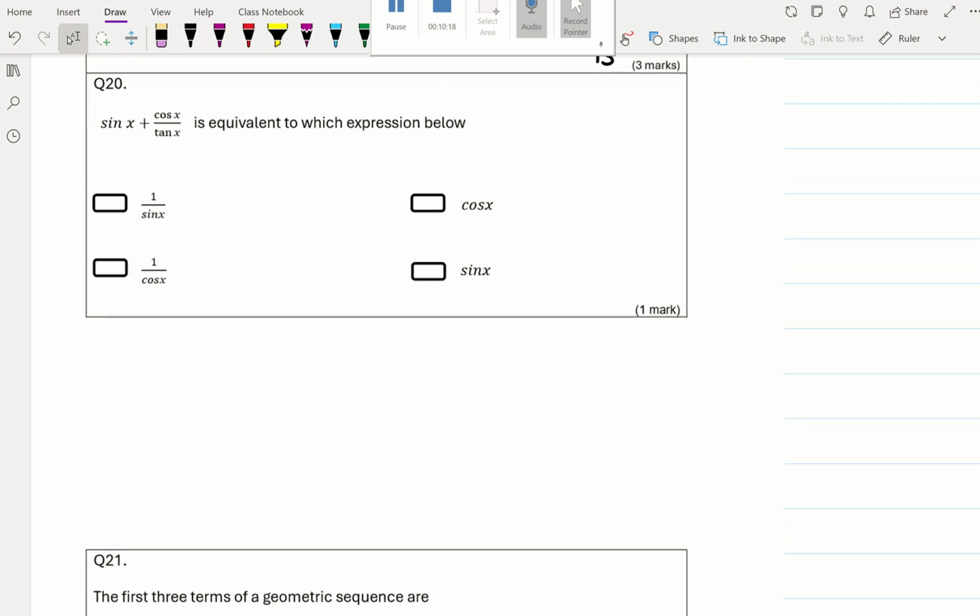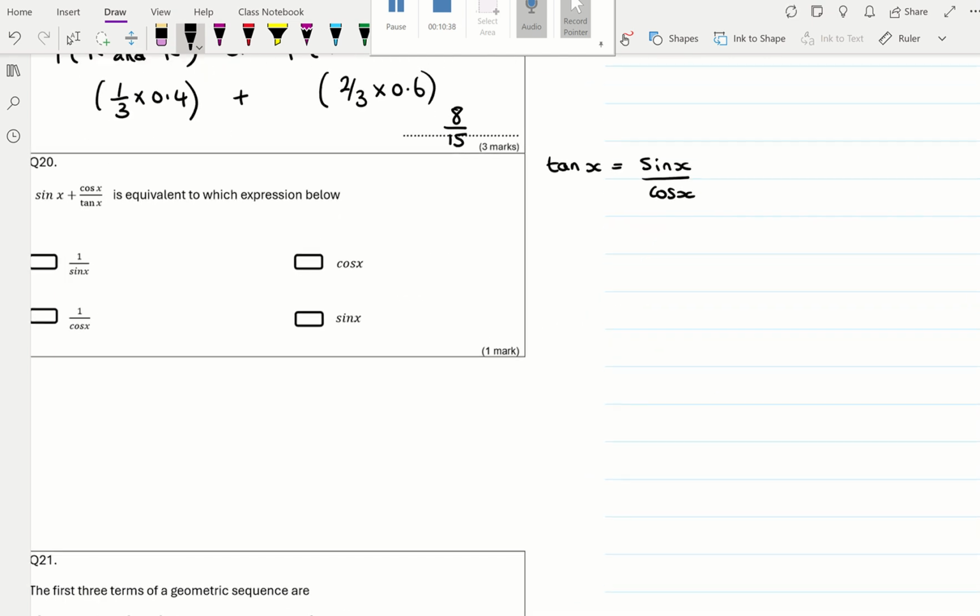Now, for this question, you need to really know all the tricks and all the different variations of the identities. So the two identities that you have: tan x equals sine x over cos x. You should also know that 1 over tan x, the reciprocal of this, is cos x over sine x.